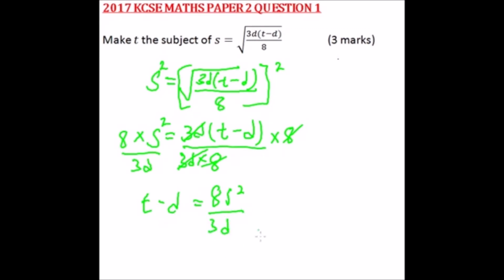Here we have d, so for us to be left with only t on one side, we will take this d to the other side, so we have t is equals to 8s squared divided by 3d. Now minus d will change to positive, so we have plus d, and that is how you work out that question to earn yourself 3 marks.